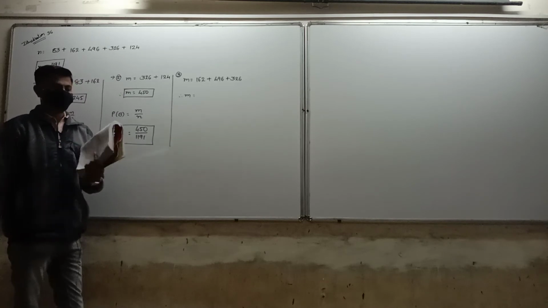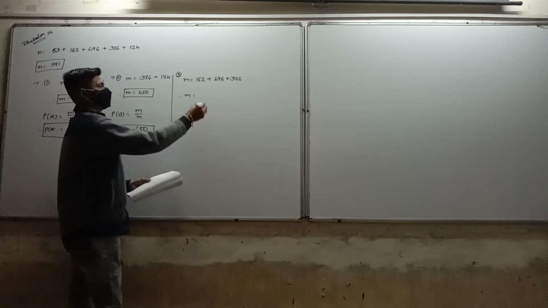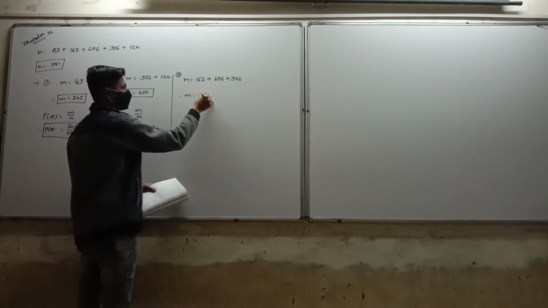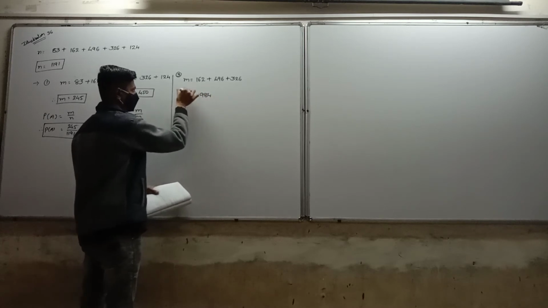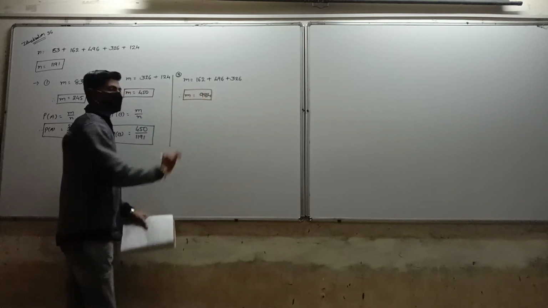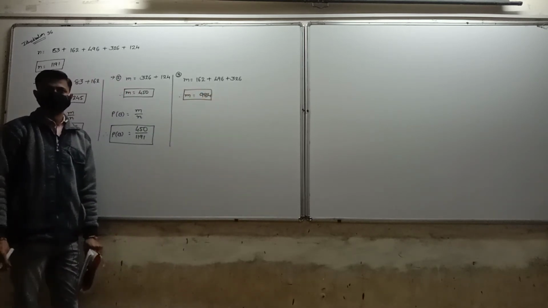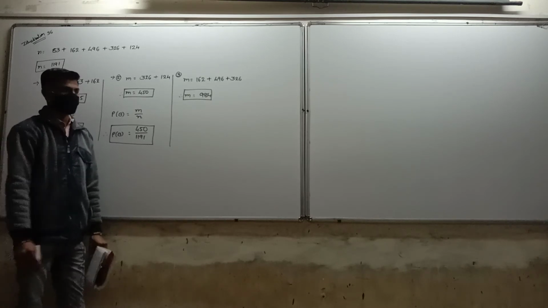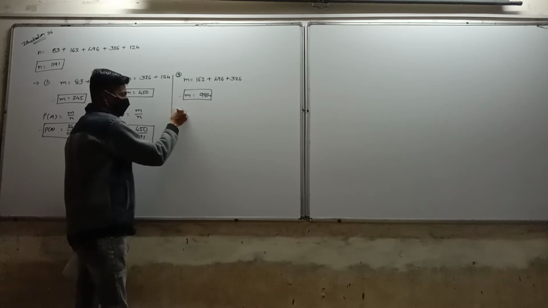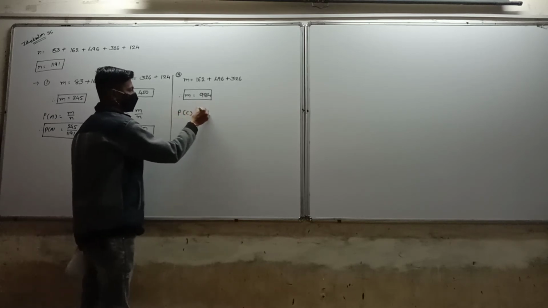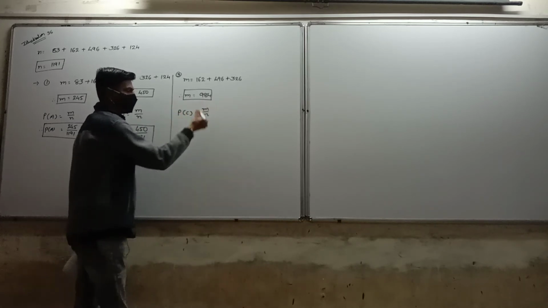Okay, find out total number of candidates: 984. Now next find the probability of event C. P of C is equal to M upon N.